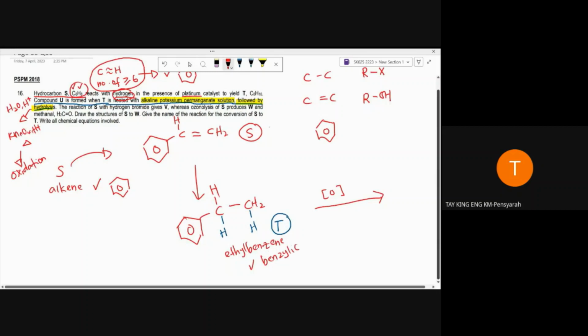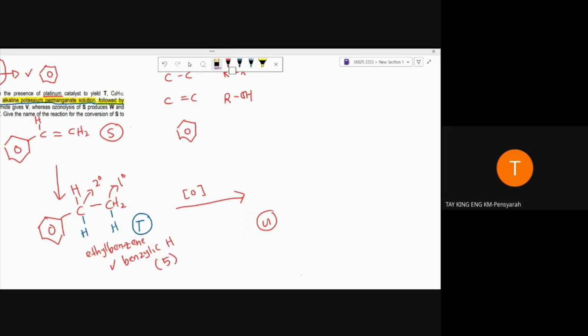So ethyl benzene ini ada berapa benzylic hydrogen? Basically ada 5. Alkyl benzene kalau ada benzylic hydrogen dia boleh undergo oxidation dan dia tak ada structure yang lain lah selain daripada benzoic acid. So structure U kamu adalah benzoic acid.